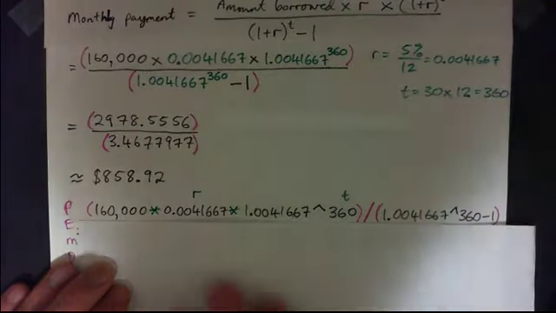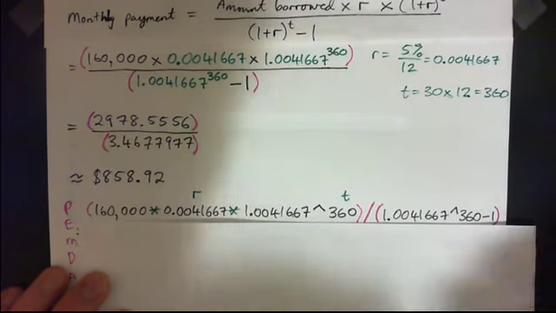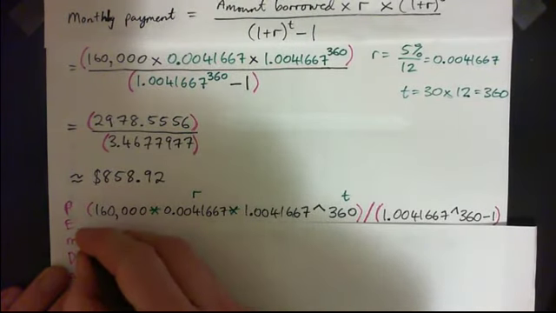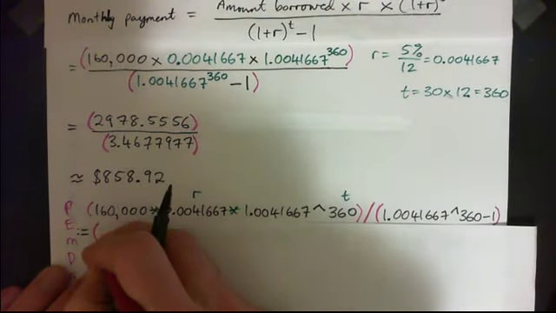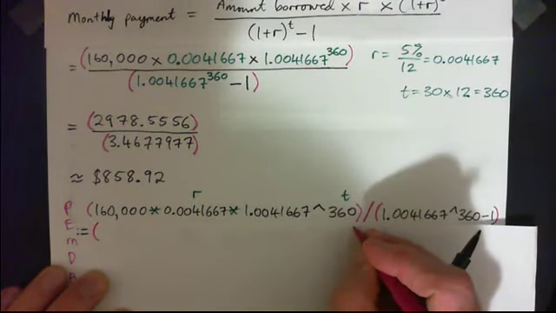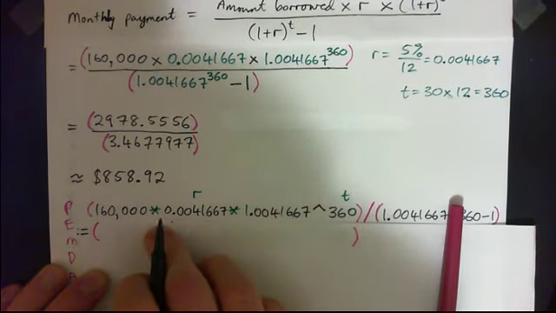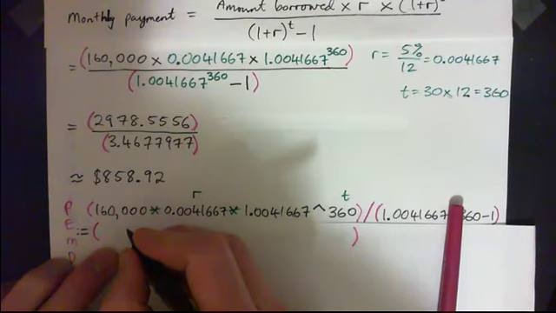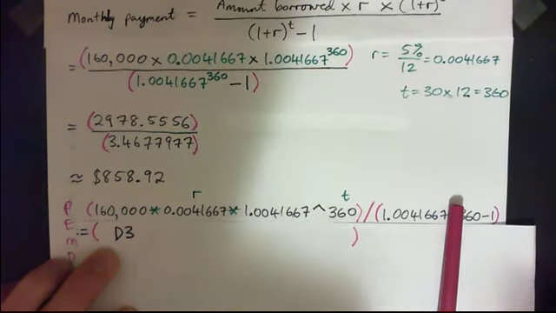Okay, now that we know the cell numbers, we need a parenthesis around the top of the fraction. We know the loan amount was D3, right? So from the spreadsheet we can see that the loan amount is D3.